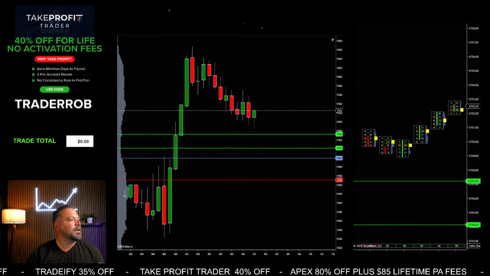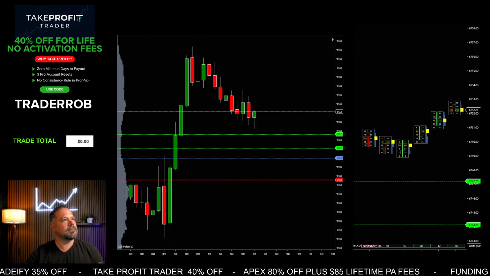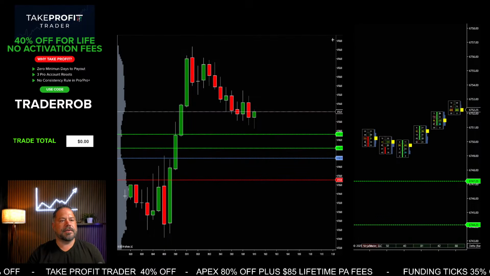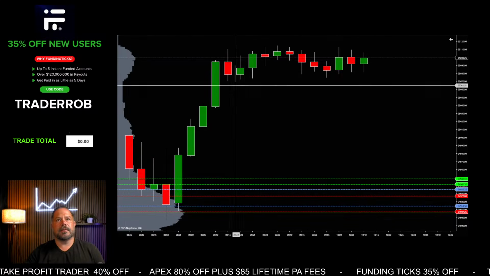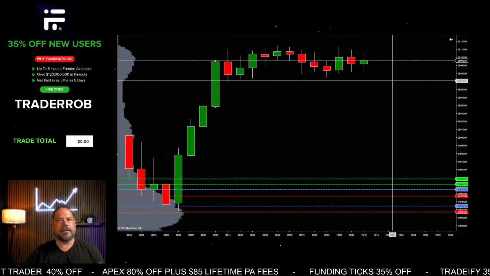Let's see what's going on in the NQ. NQ is just pretty much, it's been consolidating here for a good portion of the last hour.